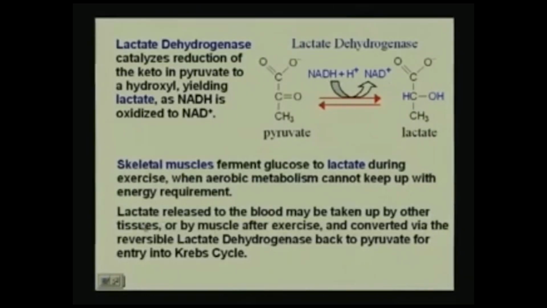So the lactate released to the blood may be taken up by other tissues or by the muscle after exercise and converted via the reversible lactate dehydrogenase back to pyruvate to get into the Krebs cycle, okay. So this is sort of a stopgap situation where we would have in the lack of aerobic metabolism that would lead to the lactate formation where there is not enough oxygen present.